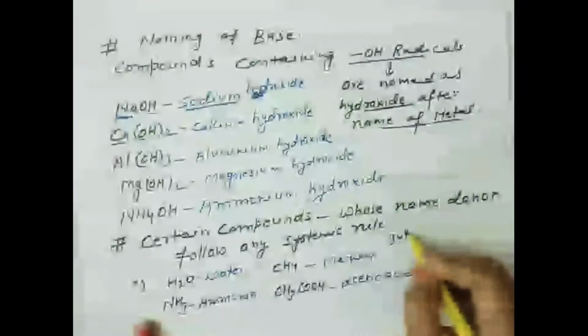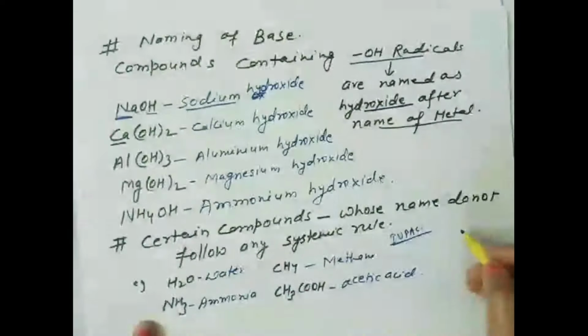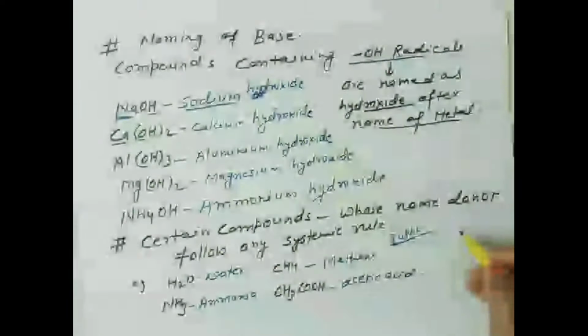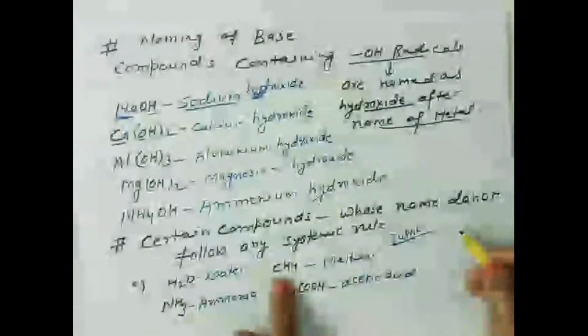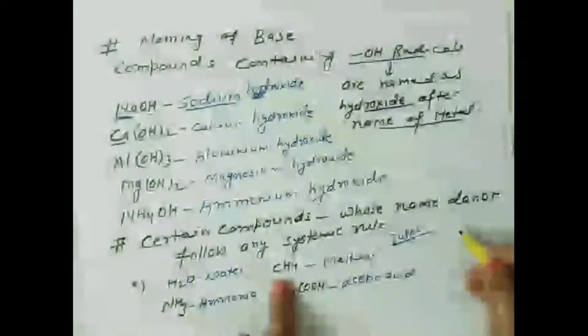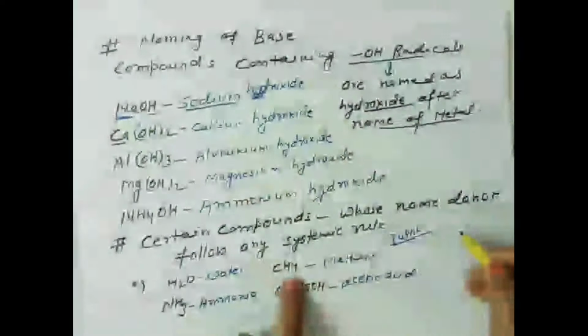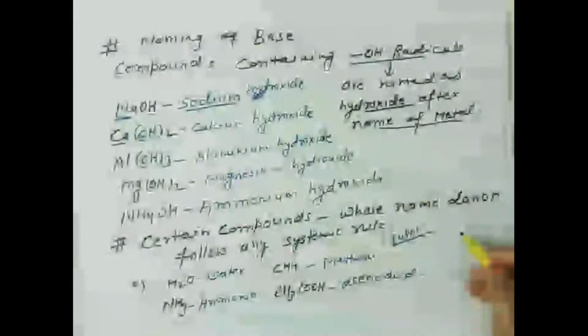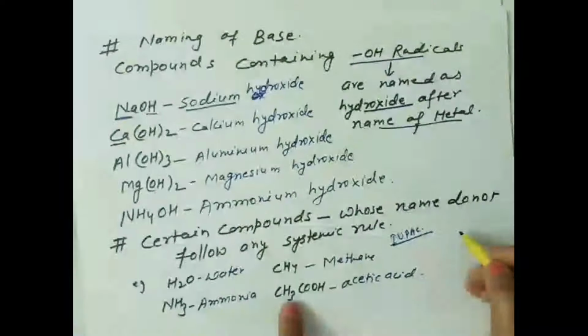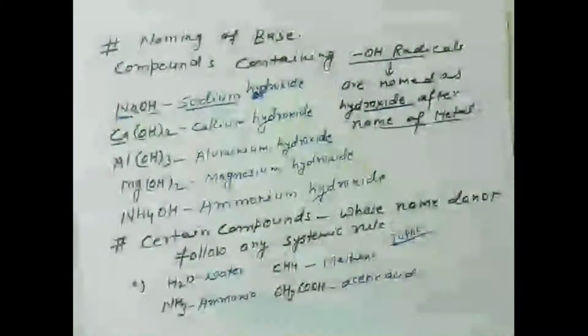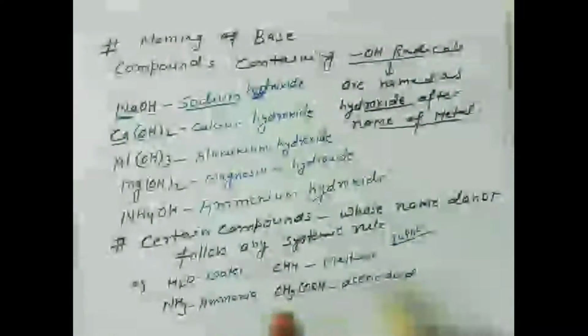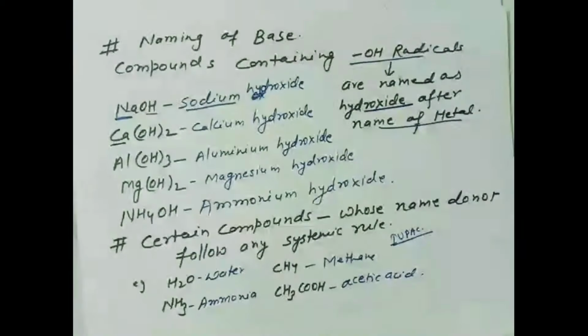According to the IUPAC name, when we study organic chemistry, a hydrocarbon having one carbon is called meth, and with a single bond it is called methane. In organic chemistry we will read that it follows different rules. So these are the processes to write the names of compounds.